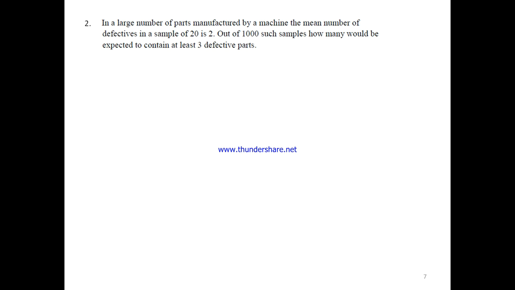Here, by using our probability function of the binomial distribution, what we can find is, in a sample, what are the chances of containing at least 3 defective items or 3 defective parts. But finally, we have to find, out of 1000 such samples, in how many samples the expected number.